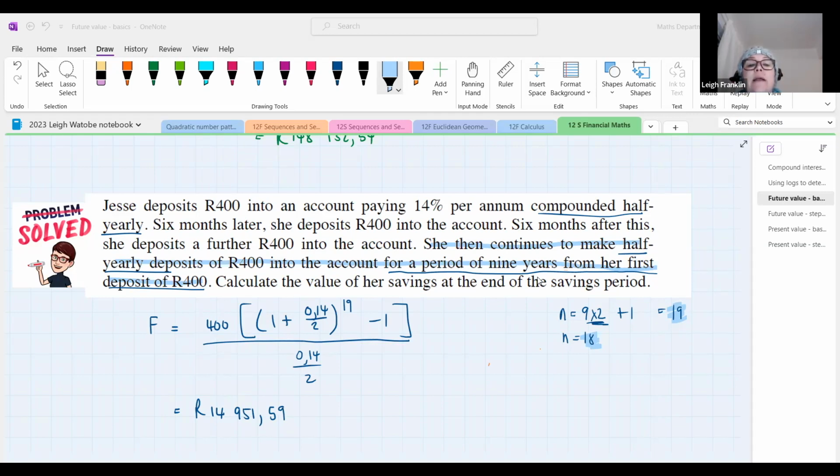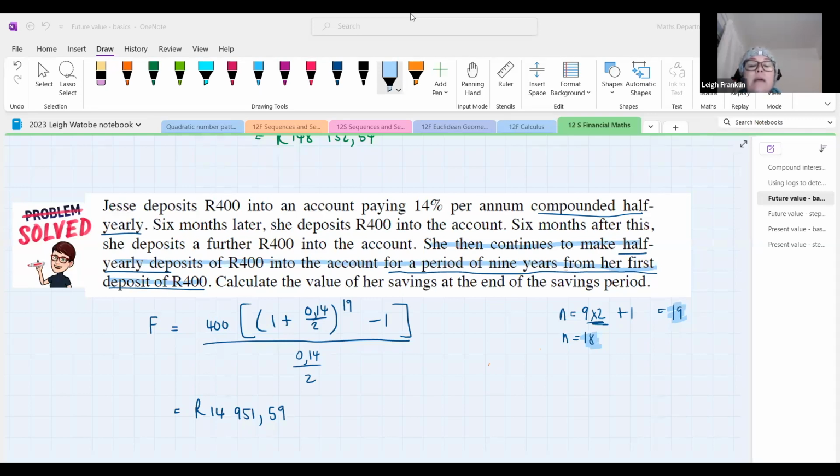So in other words, if you are making half yearly payments, you are paying every 6 months, twice a year. The question is implying that in the first year, there are 3 payments in that year, and then 2 payments a year for 9 years after that. It really depends on the question.